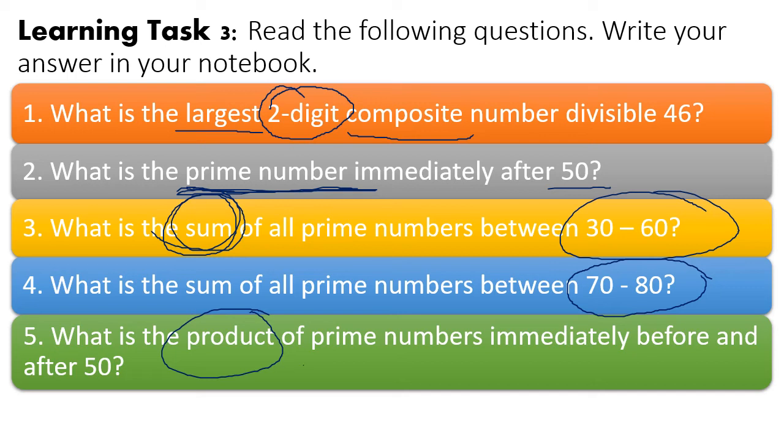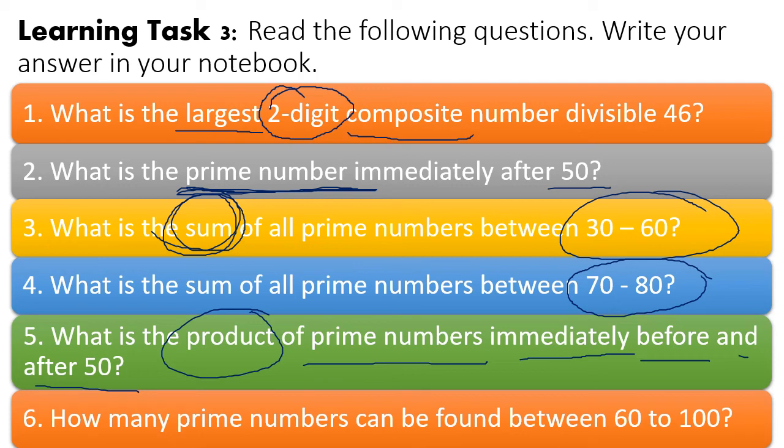The product of prime numbers immediately before and after 50. So, bago daw mag-50, ano yung prime number? At after ng 50, ano yung prime number? Pag na-identify mo na yun, you have to multiply and get the product. Okay?